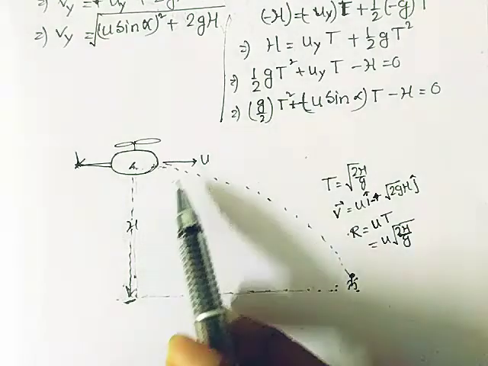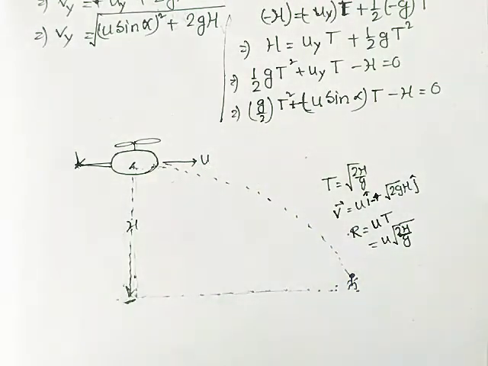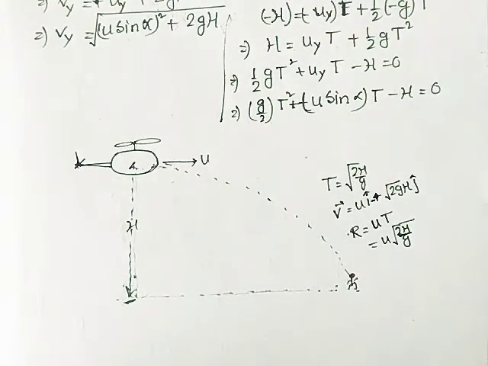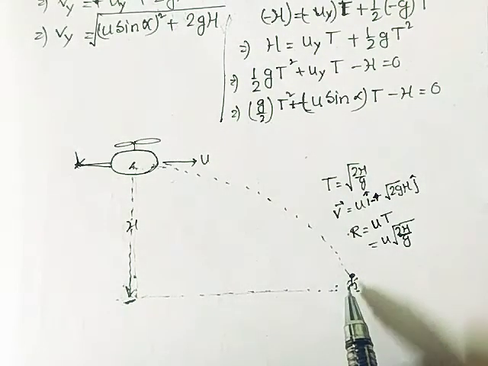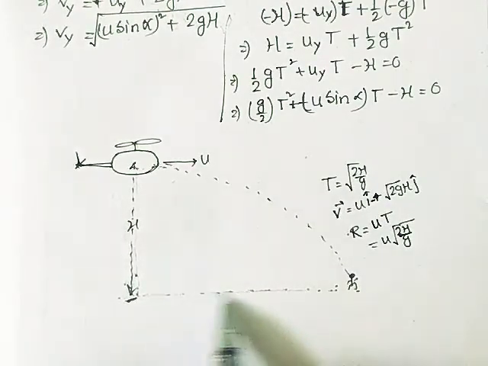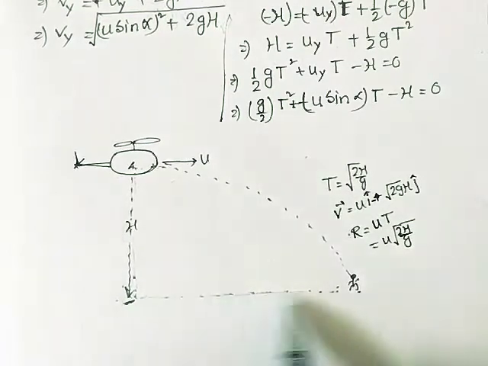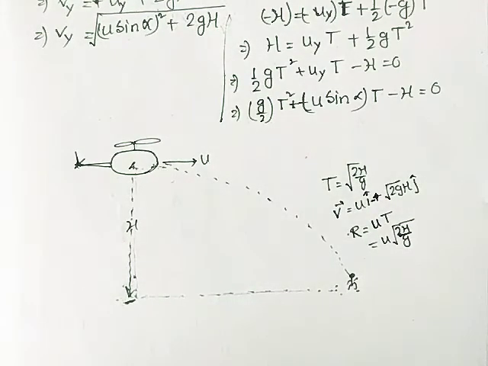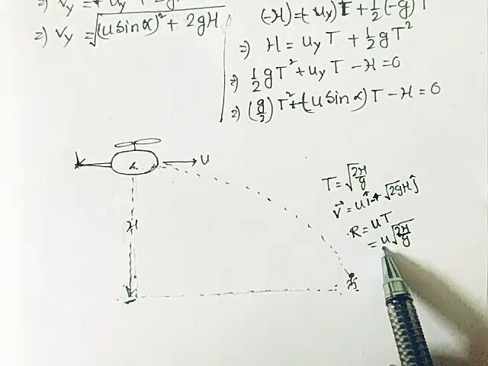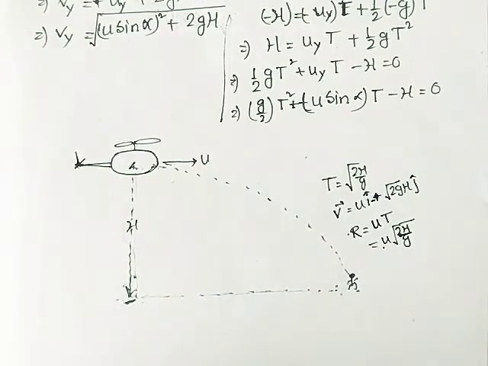So taking the constants u and h, it releases the food packet so that it can exactly reach this point. It need not consider this thing from here to here where the person is. If you know the h, if you know the u, we can throw it easily.